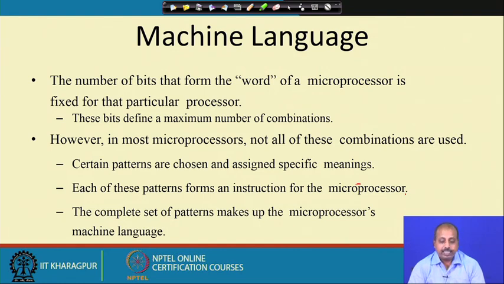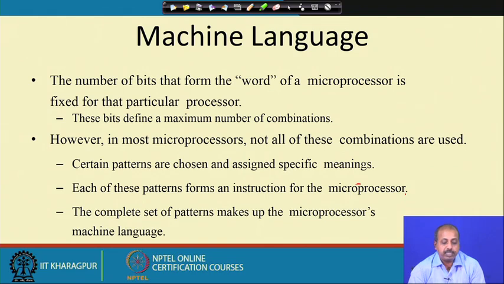But as I said, processors will never understand English-like language statements. They will understand only zeros and ones. So, I should be able to express my program in terms of those zeros and ones. This is actually the machine language program.